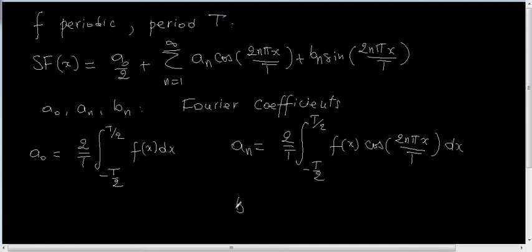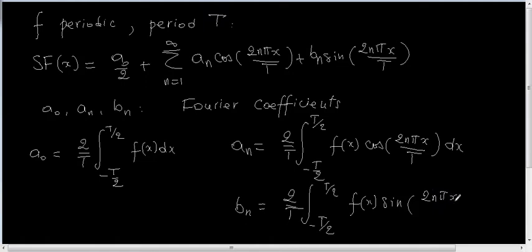And b n will be about the same: 2 over T, integral between minus T over 2 and T over 2 of f of x now times sine 2n pi x over T dx.